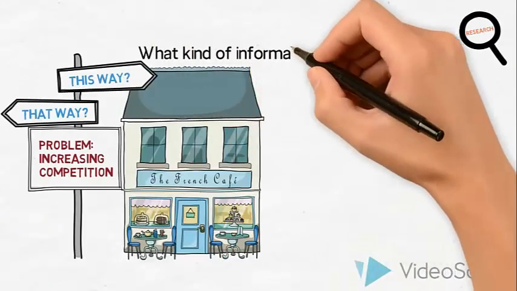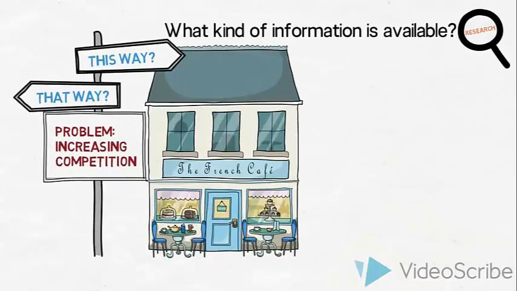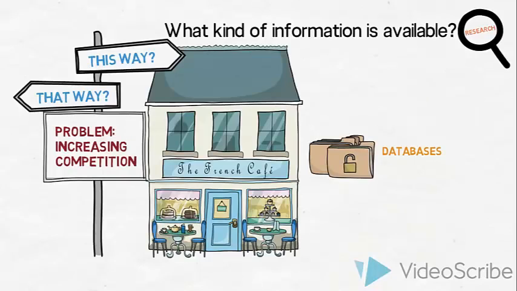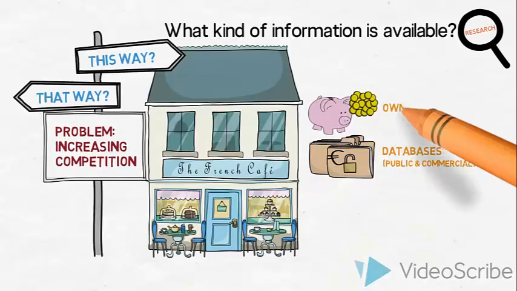So what kind of information could the French Cafe collect? They could access business databases to find details about each competitor, such as their financial results. And some commercial industry databases open for more detailed company information at a fee. To compare with their own internal situation, they could gather information from their own financial accounts.